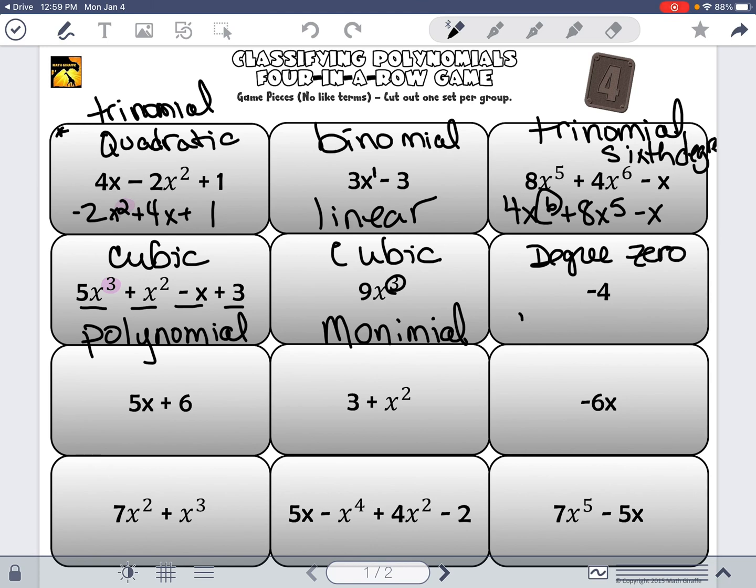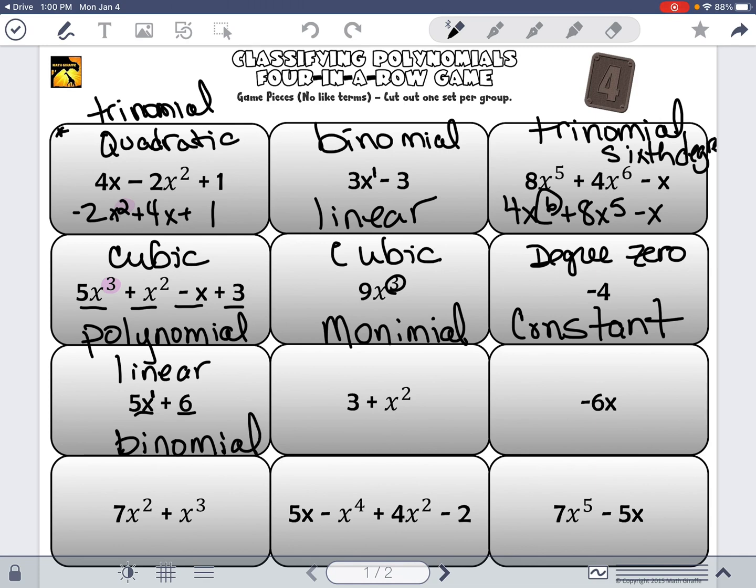And it's called a constant. It's an integer. Okay, 5x plus 6 is a linear. The degree is linear because the highest exponent is 1 right here. And it has 2 terms, so it is called a binomial.